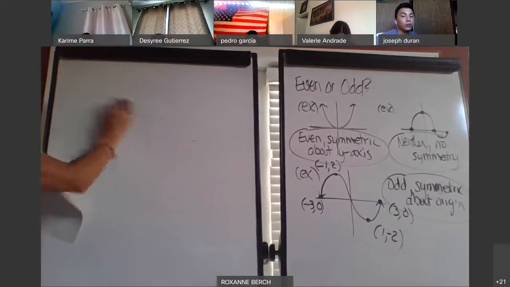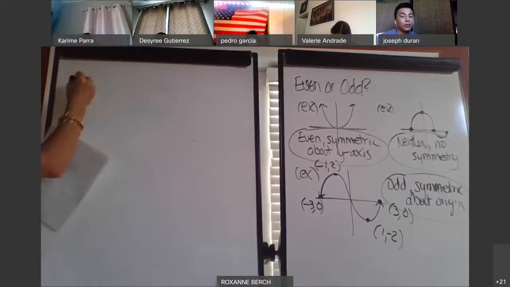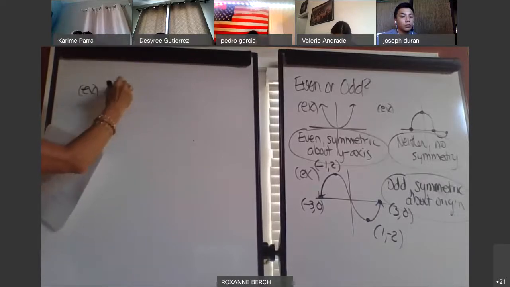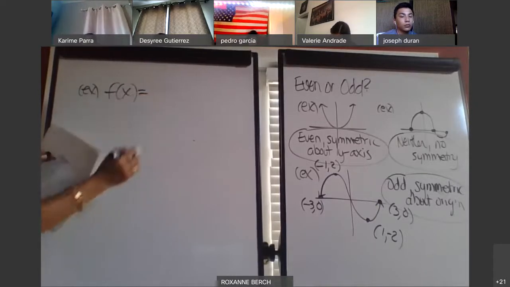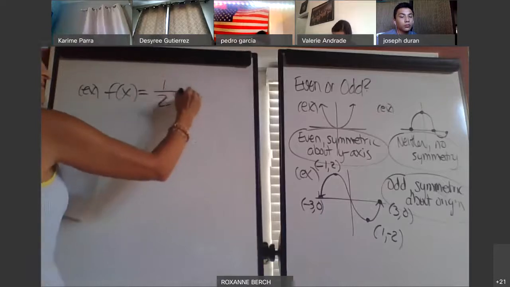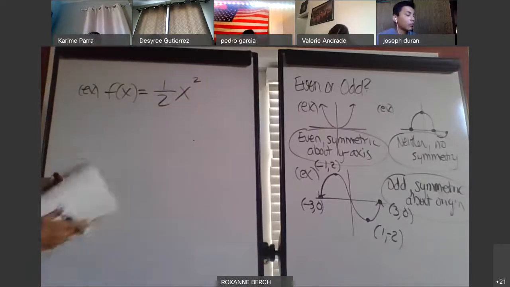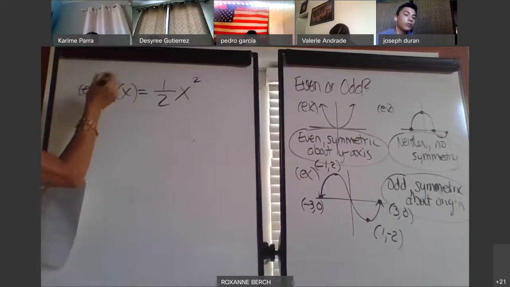So check this out. Let's say they give us a function. This is actually a quadratic that's vertically compressed by 1/2. Here's what you're going to do. Is it even or odd?